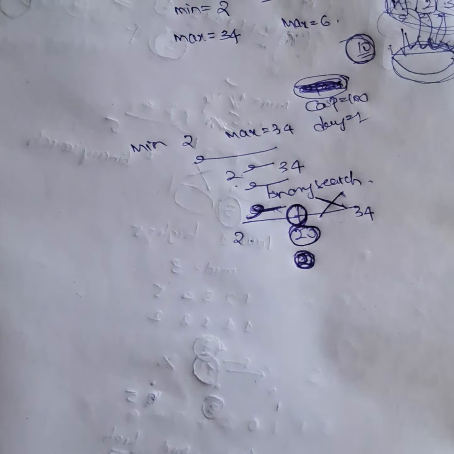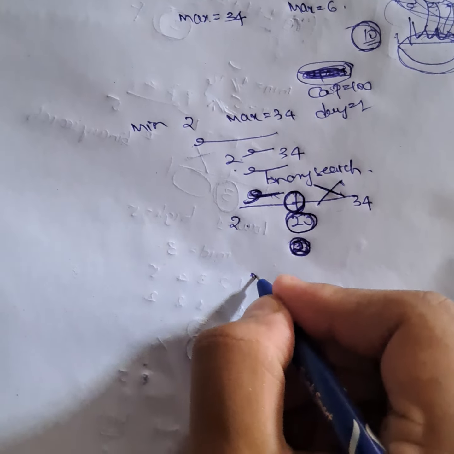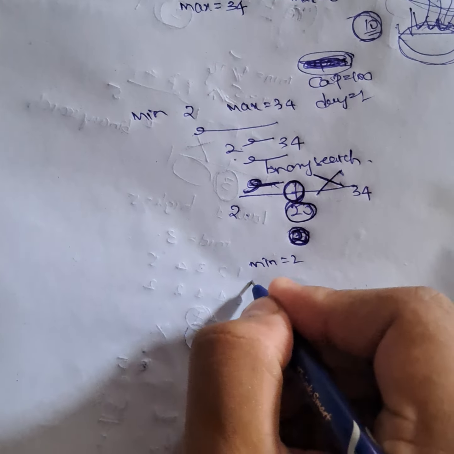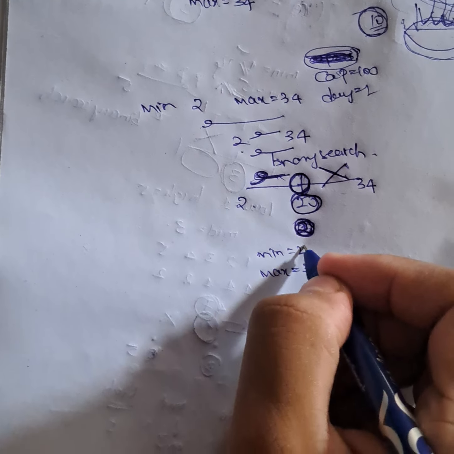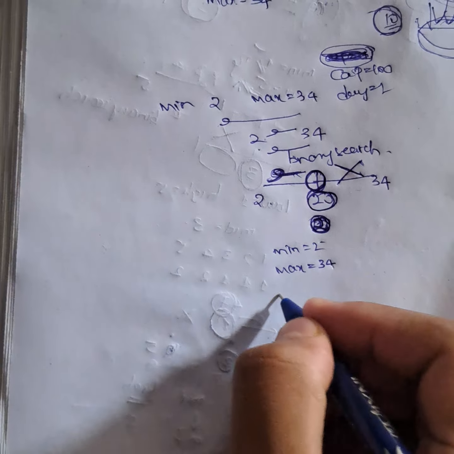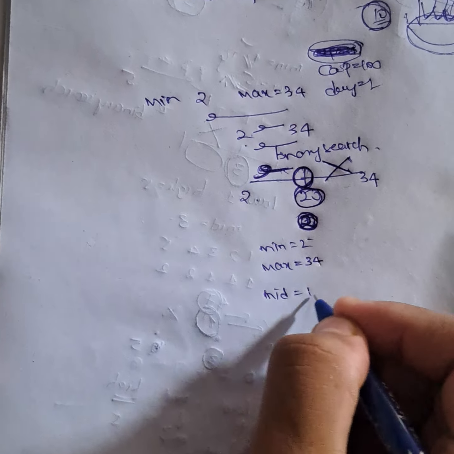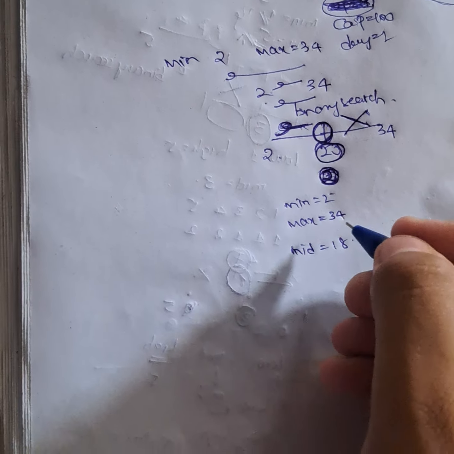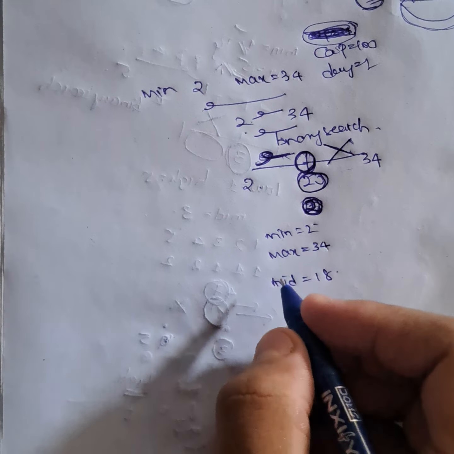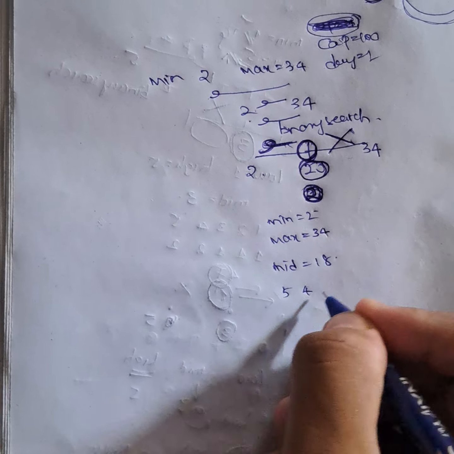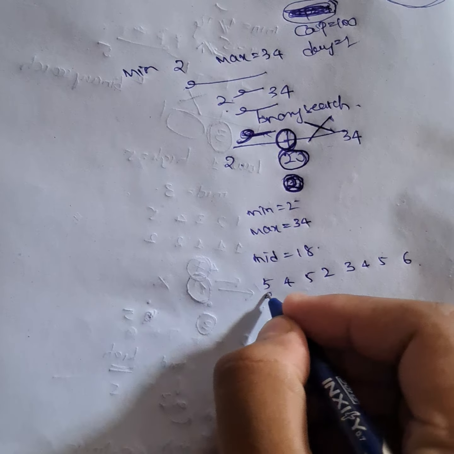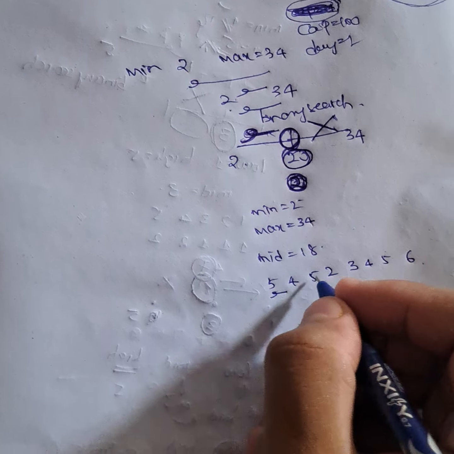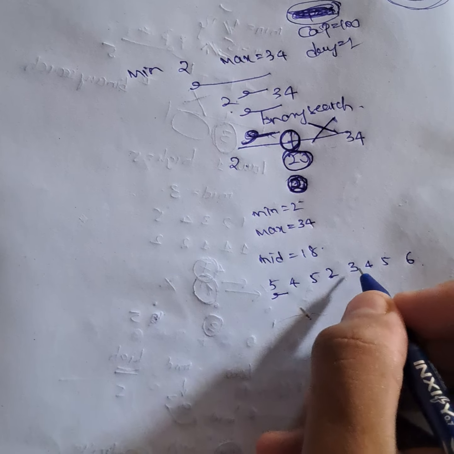First, minimum is 2 and maximum is 34. When we take the mid, we get 18. We'll check for 18 how many days it will take to ship everything. The prefix sums are 5, 9, 14, 16, 19 and so on.